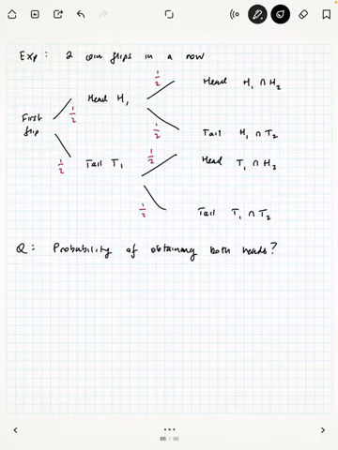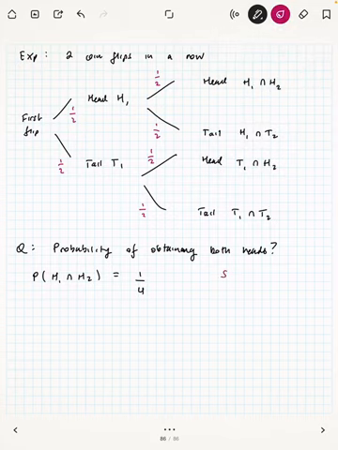We know intuitively, we've already discussed and have worked with this sample space before, that this probability of H1 intersection H2 is 1/4 because there's only one outcome in that sample space where you get two heads. Namely, if we're talking about a sample space like HH, HT, TH, and TT, only one of those has two heads.